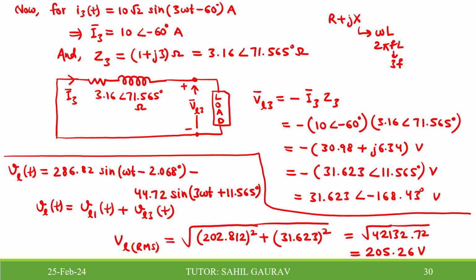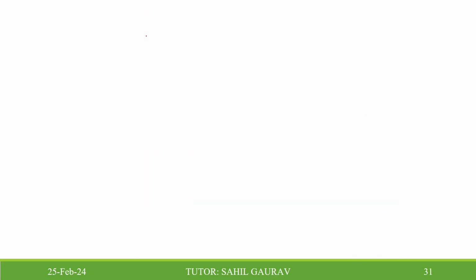Now in the second part, they have asked you to find the percentage THD in the load voltage. So we know that THD is the ratio of the harmonic component to the fundamental component.